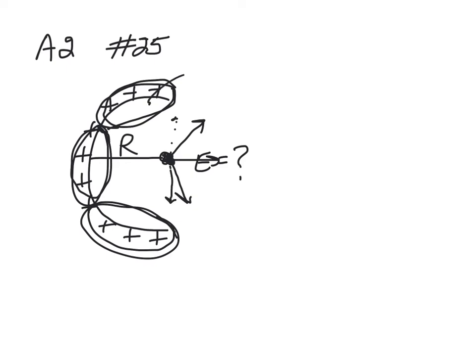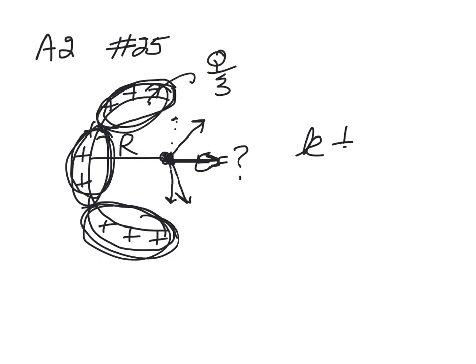But the amount of charge here now is not Q, it's Q divided by 3, because we got the whole Q divided into 3 parts. And so this middle vector is going to be k (1/3) Q over r squared. And this piece is also k (1/3) Q, but the only part that adds is the x component.